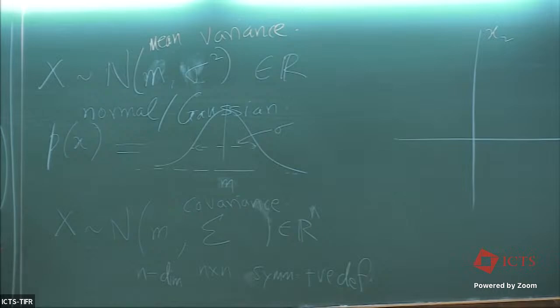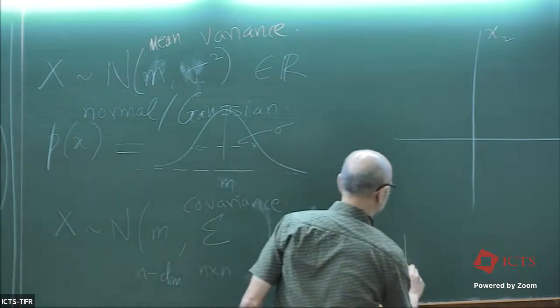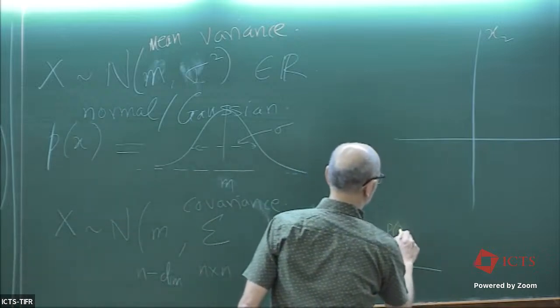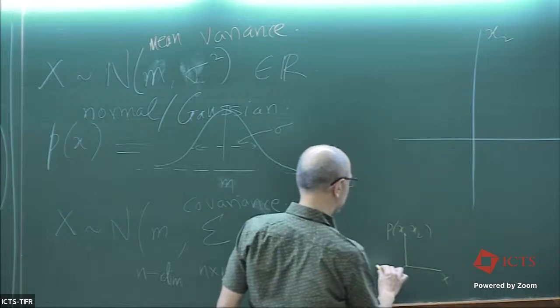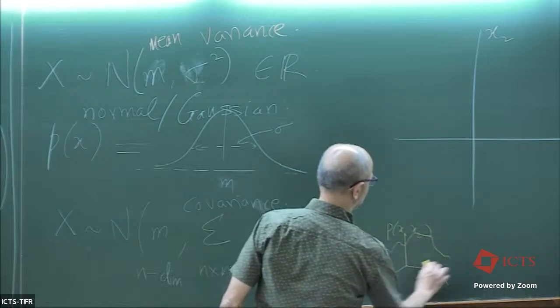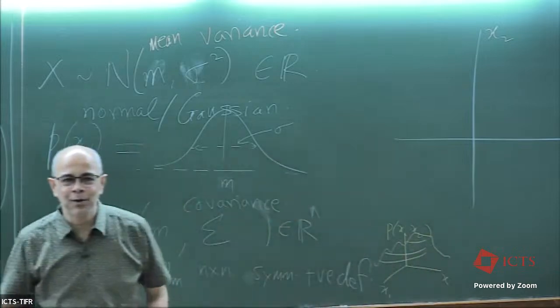And the probability density for, let's say, this two-dimensional Gaussian random variable. Of course, that's a function. So what I should be drawing is a function like this, that P of x1, x2 as a function of x1 and x2. So some surface like this. I can't draw surfaces on the blackboard.